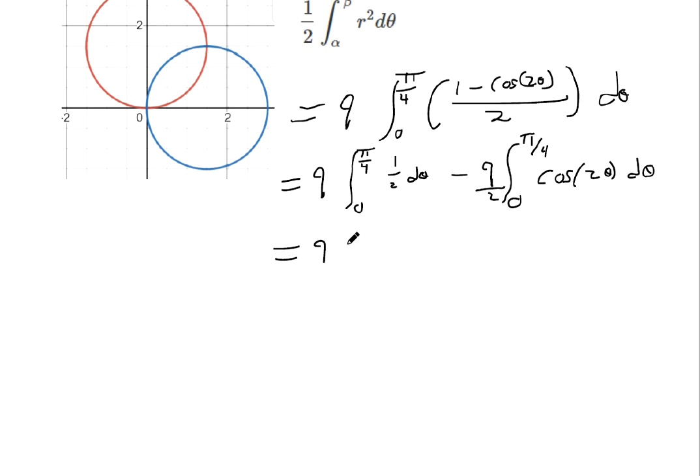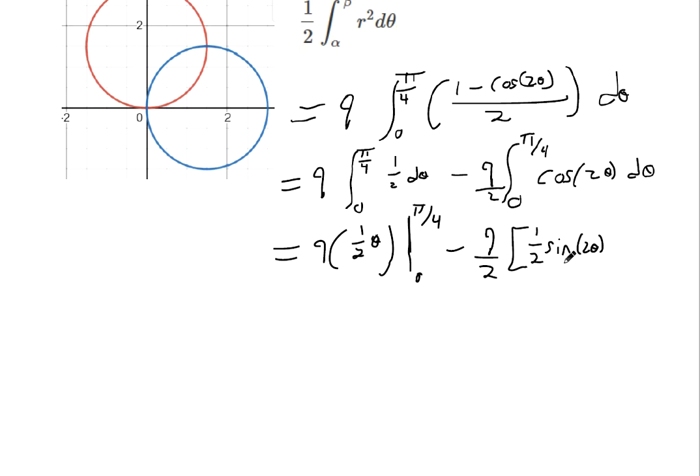This is 9 times 1/2 theta, because the antiderivative of 1/2 with respect to theta is just 1/2 theta. We evaluate that. The limits of integration are 0 and pi over 4. And then over here, this is 9 over 2 times the antiderivative of cosine 2 theta. It's 1/2 sine 2 theta, because we have to accommodate the chain rule.